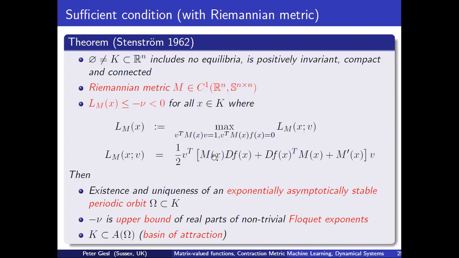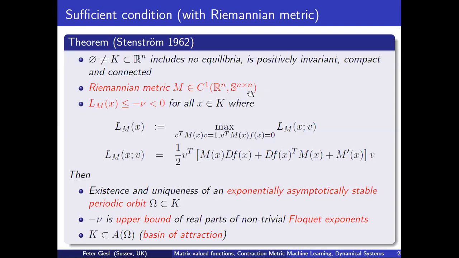If you think about M being just the identity matrix, we're back to the previous theorem, because the derivative of the identity matrix here would be 0, and here this would just be df plus df transposed over 2. So that's exactly what we had earlier. So this is a more general version of the previous theorem.